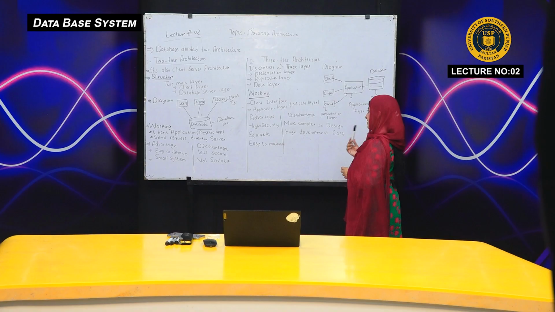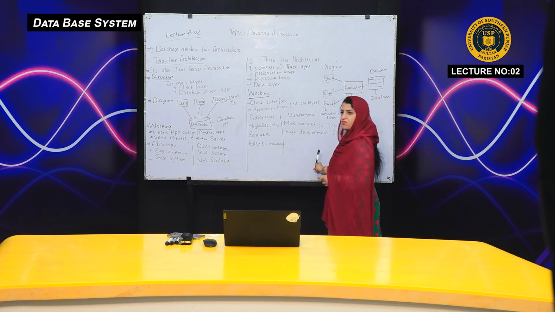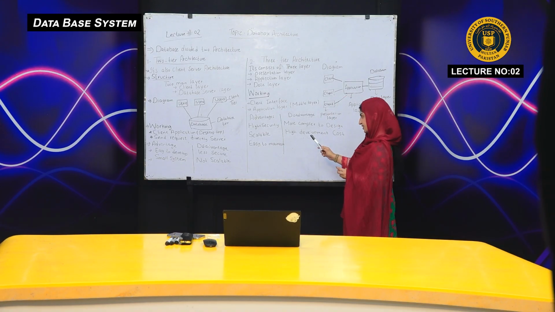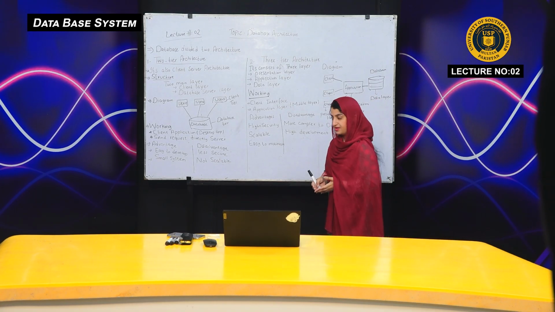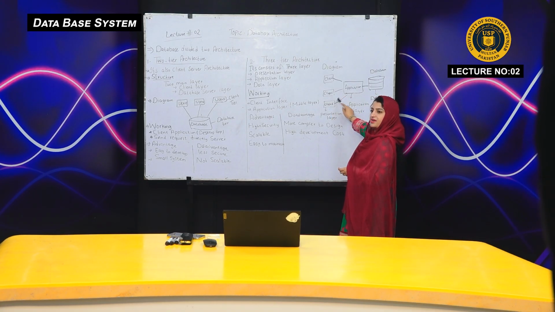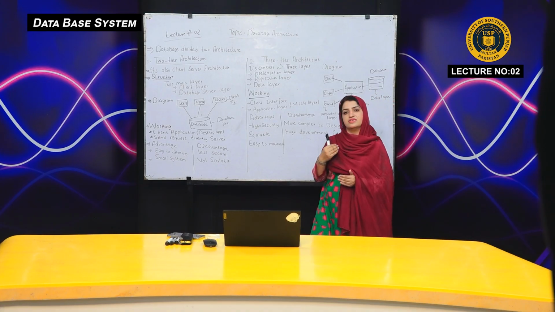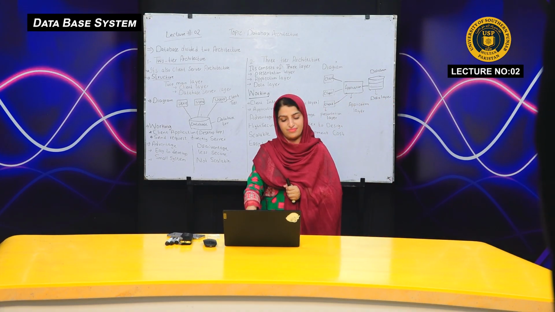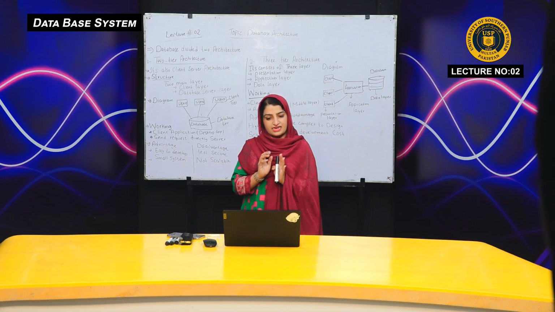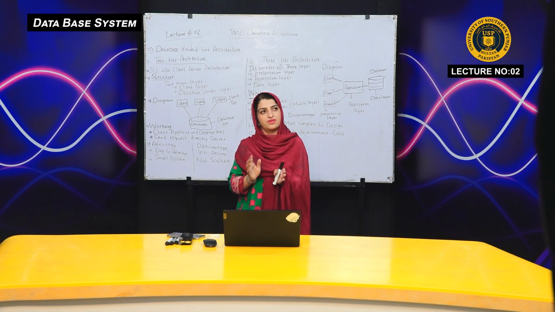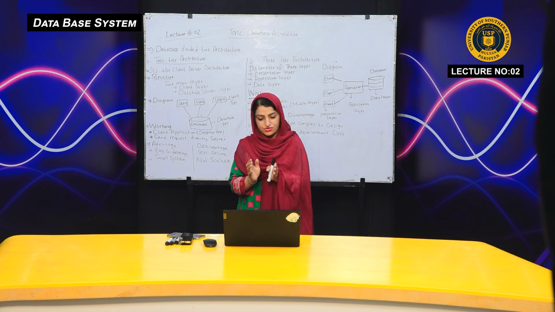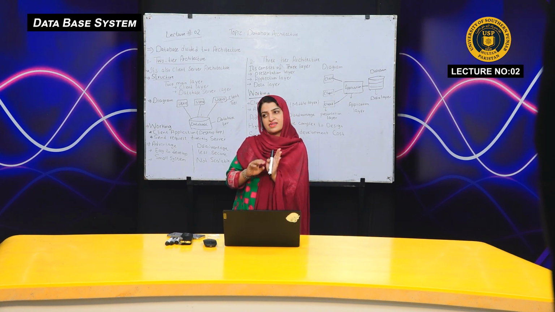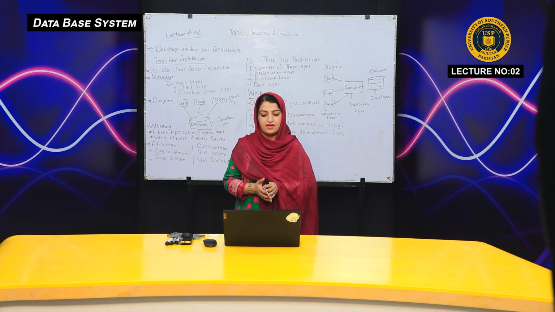Now we will look at the advantages and disadvantages of three-tier architecture. Three-tier architecture provides high security, because the user cannot directly interact with the database layer. The second advantage is scalability, because it can handle many users: the application layer handles the users, and then the request is sent to the database layer.